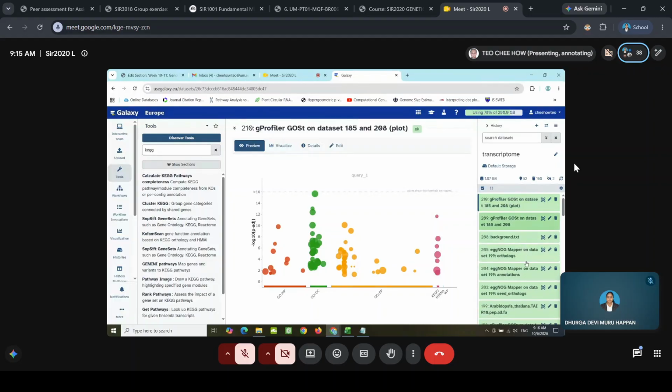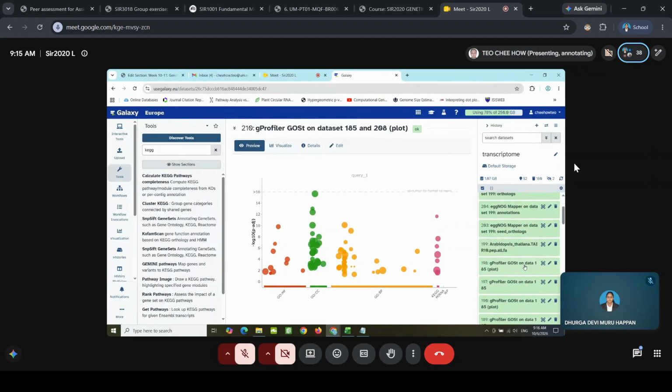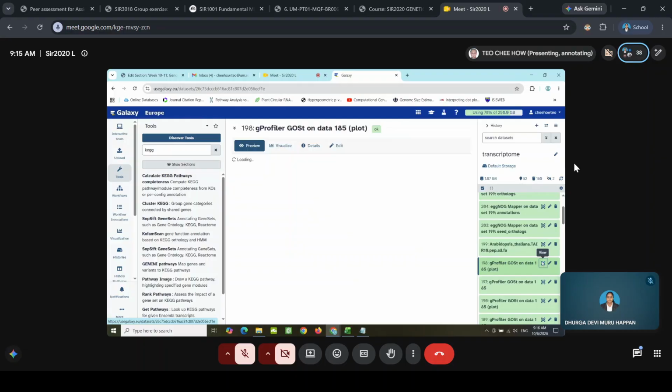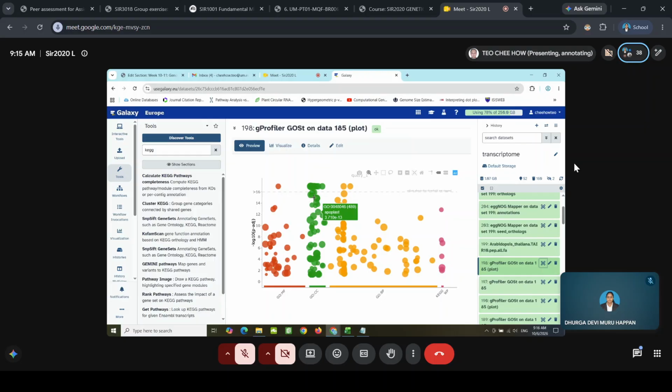Compared to the one without giving the background, you see there are more involved. So the top 3 is still the same, but for the others there are more. So those are not the correct ones, because this involves everything. Right.